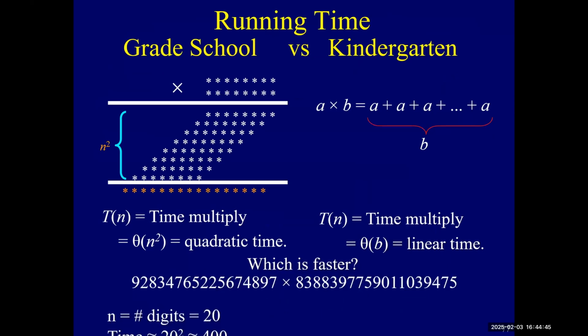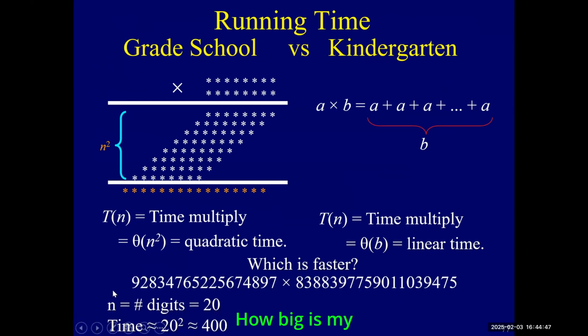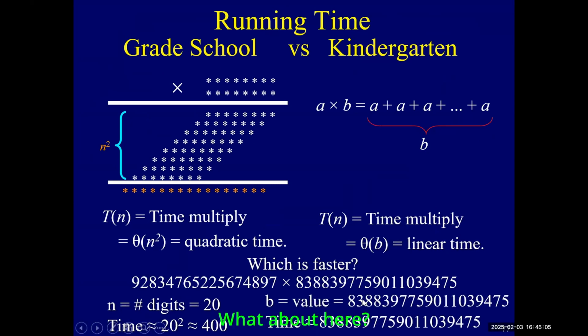All right, so let's go back to which is faster. How big is my input here? Well, maybe it's 2n, but it's order n. And the running time is the square of that, which is 400. What about here? The value is this, so the time is that.